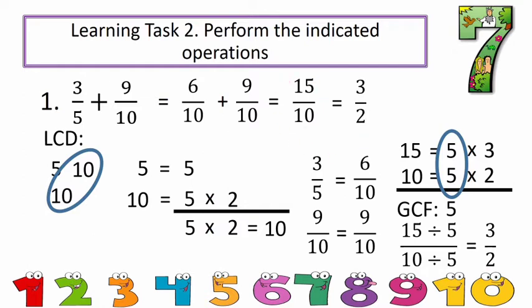Remember that it is not always said that when we write the improper fraction to mixed number, we rewrite it in its lowest term. So how can we identify if the fraction is in lowest term? The numerator and the denominator must not have a common factor except 1. So therefore, the answer is 3 over 2.